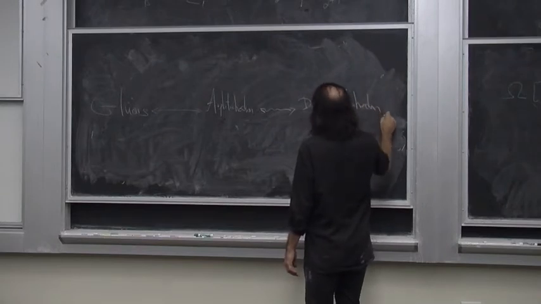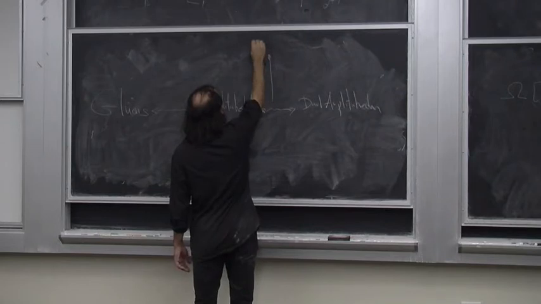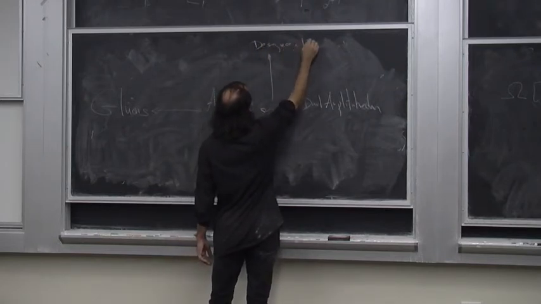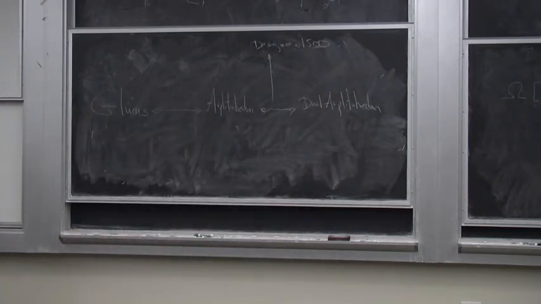And this duality, if it exists, connects to Desargues in the 1500s. This is some kind of vast 21st century generalization of point-plane duality. That's what we're after.